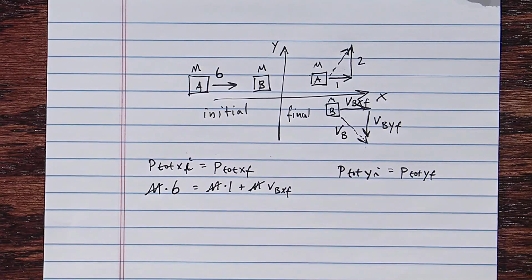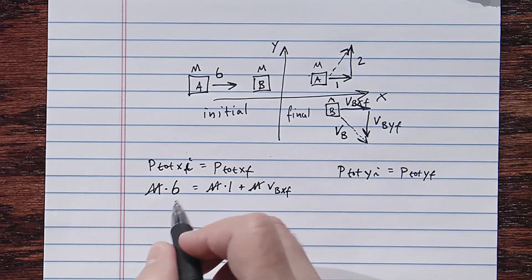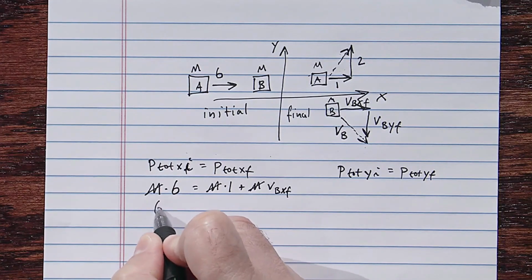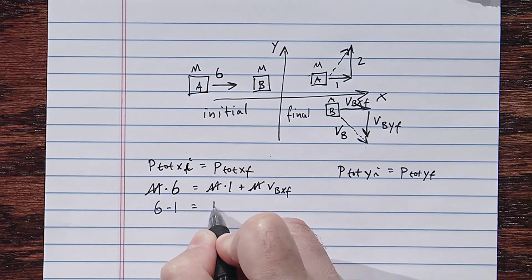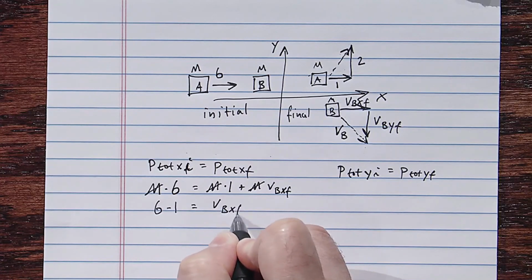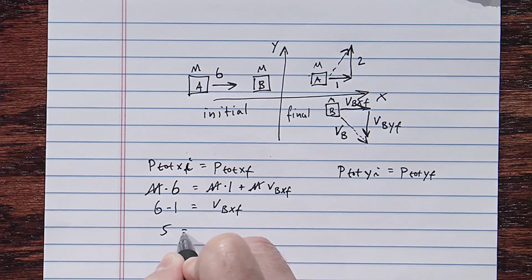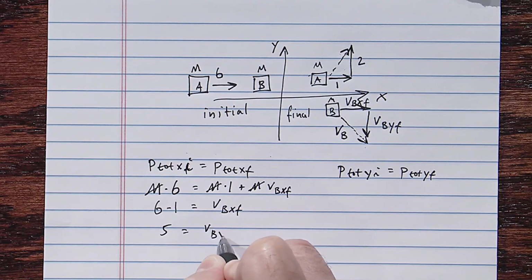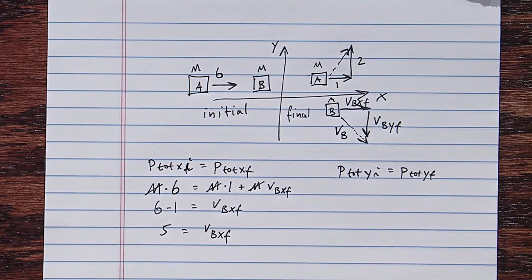We won't have to worry about that. And so we can see that V_B_x final is going to be 6 minus 1. So I'm going to subtract 1 from both sides. 6 minus 1 is equal to V_B_x final, or V_B_x final is equal to 5. So V_B_x final is 5 meters per second.